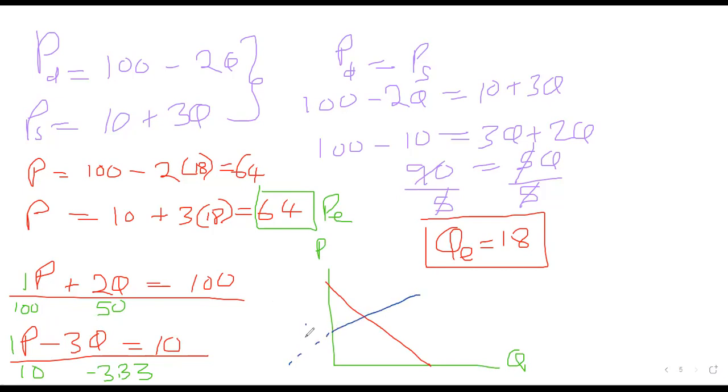We don't usually consider the negative side. The equilibrium we found, equilibrium price was what? 64. Equilibrium quantity was what? 18.